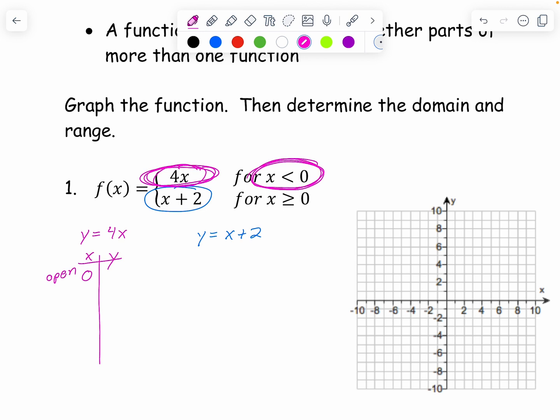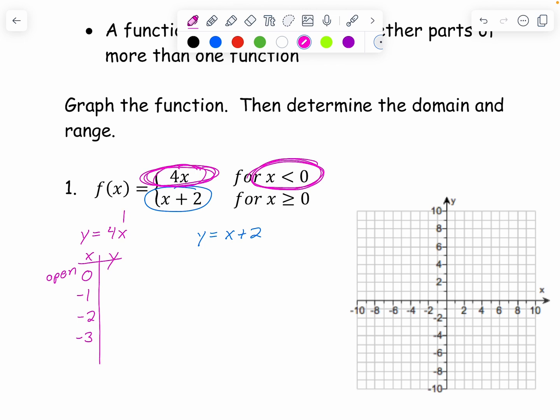Now from there, we want numbers that are smaller than 0. So smaller than 0 is -1, -2, -3, and I can go as far as I need to, or what fits on my graph. So let's start here, we'll finish this piece, and then we'll move on to the next.